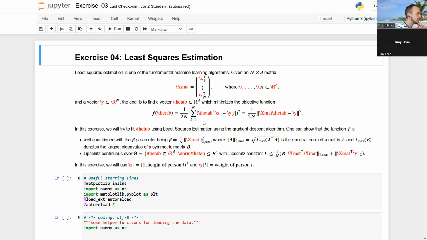And you have to specify how to achieve this. One way is by looking at the following objective function, where we look for a prediction scheme.